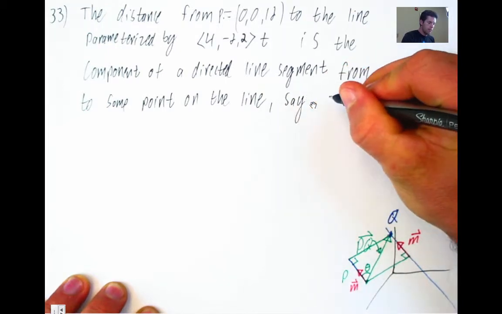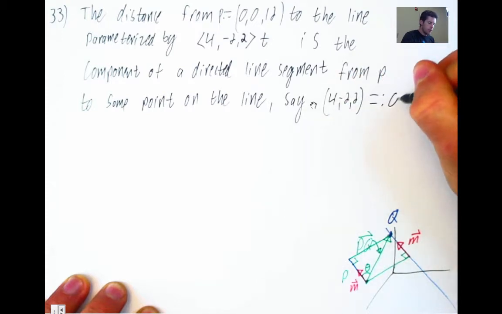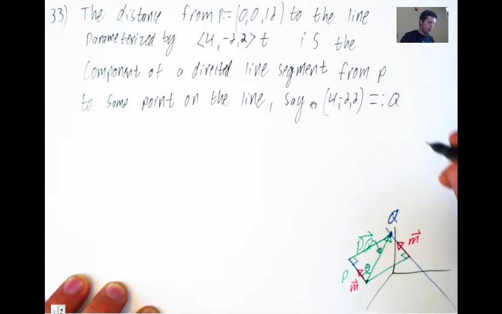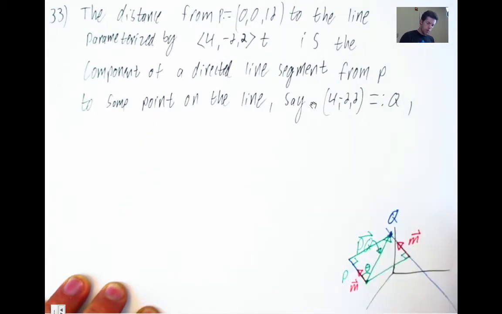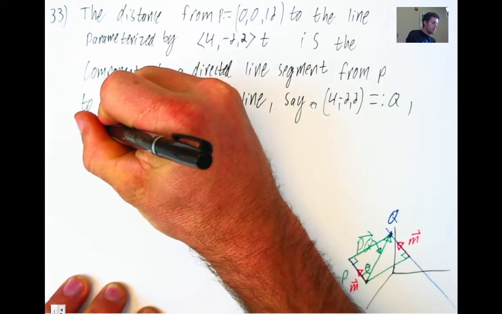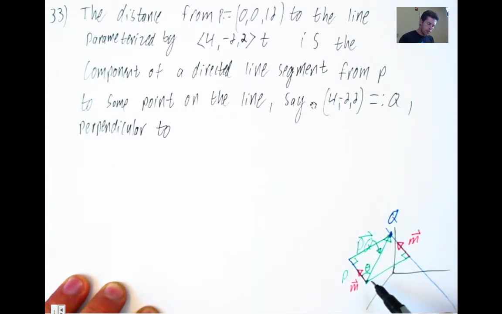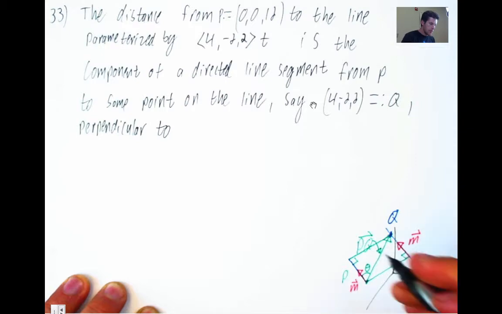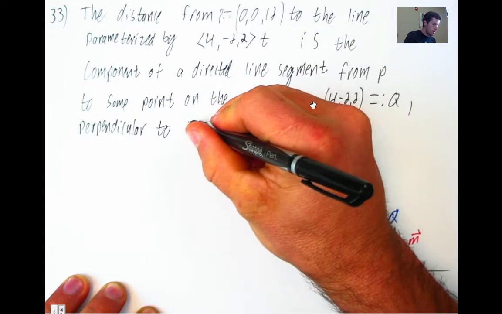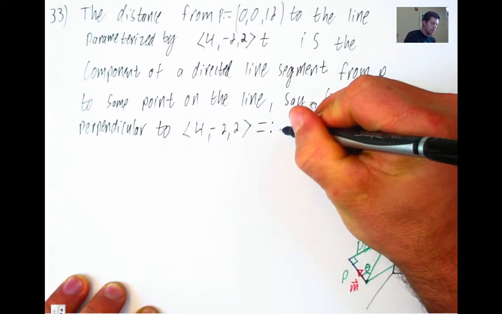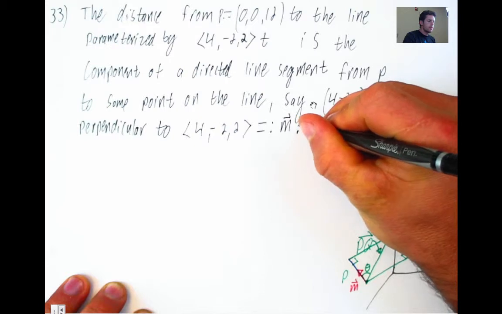Say 4, -2, 2, that's a point on the line, and let me call that Q. So the component of the directed line segment from P to Q is perpendicular to the direction of the line, which is 4, -2, 2, and which I'll define to be M.